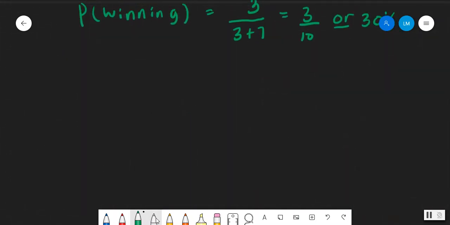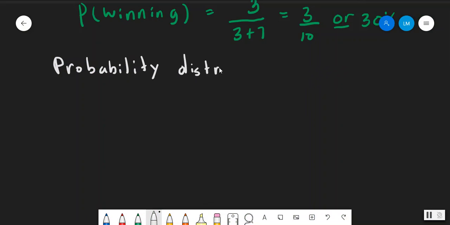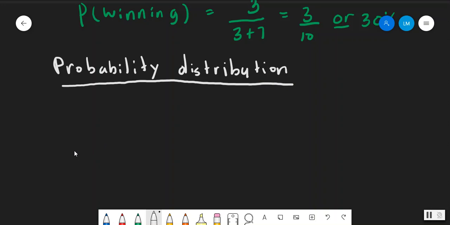One of the last topics that I would like to look at is the probability distribution. The probability distribution is more or less thinking of all of the different outcomes that we can have in an experiment and writing them out. Let's say that we have a sample space with possible outcomes x1, x2, x3, and so on.